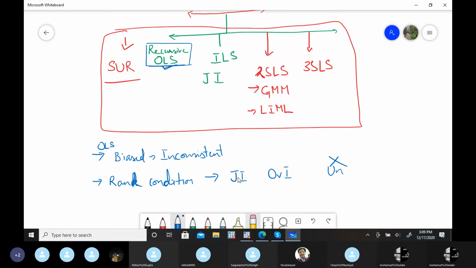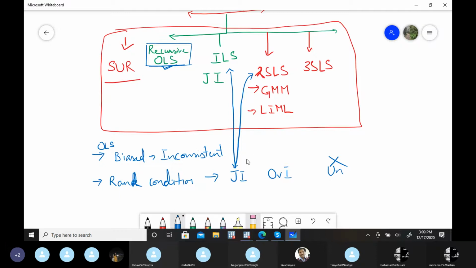If it's a just identified case, you can apply the ILS method, indirect least squares, 2SLS, limited information maximum likelihood method, and the GMM method. These methods you can apply if you have a just identified equation.